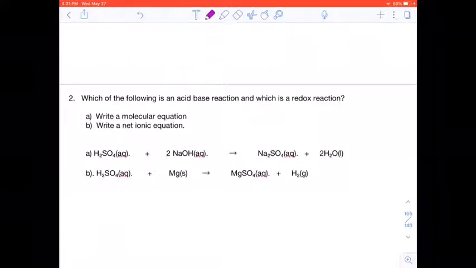Anyhow, the molecular equation has been already given. So you got the molecular equation, and here you can see we are dealing with an acid, and there we are dealing with a base. So we already know that this is an acid-base reaction, right?